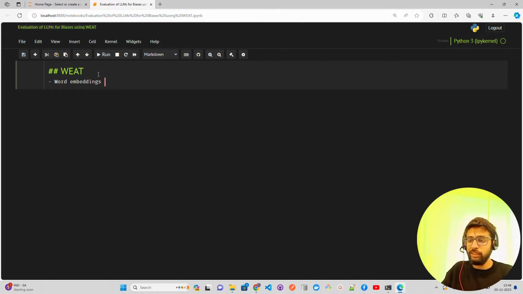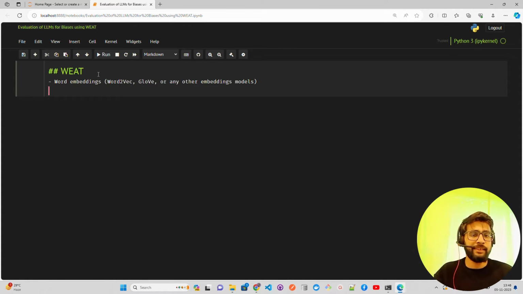Here we're just going to create a set of dummy embeddings, but you can get these word embeddings through Word2Vec or GloVe or any other embeddings model. We're also going to use cosine similarity and other things, and we'll take some examples, and I'll show you how we are going to use that.